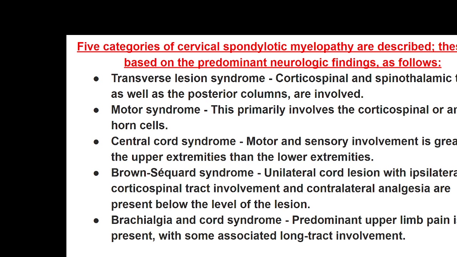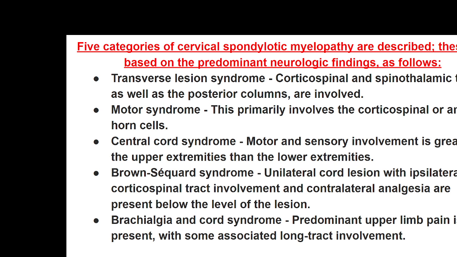Now, the spondylomyopathy is categorized into 5 categories. These are the same things which we have discussed in the acute injury, but these are more categorized in case of the chronic injury. It's based upon the location of injury and intensity of injury. They are categorized into transverse lesion syndromes, where the corticospinal and spinothalamic tracts, as well as the posterior columns, are involved, where the patient may have complete loss of sensation and motor activity.